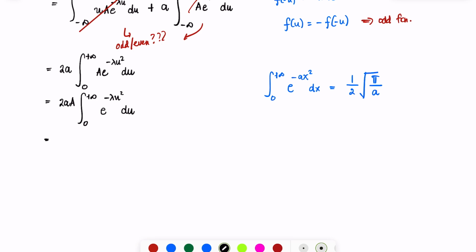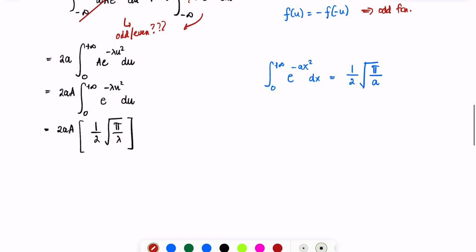So what this is telling you is that you now have 2a, and this entire integral would reduce to 1/2 of the square root of pi all over the constant lambda. Okay, so clearly we can simplify this one. The 2 on the numerator and the denominator would cancel out.